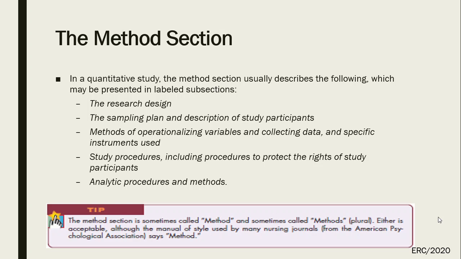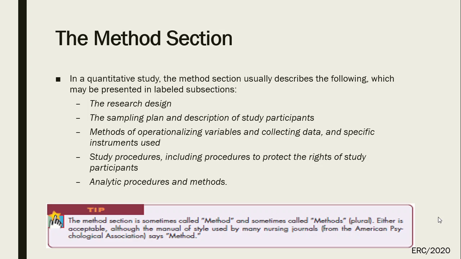In a quantitative study, the method section usually describes the following, which may be presented in labeled subsections: the research design, the sampling plan, and the description of the study participants, the methods of operationalizing variables and collecting data and specific instruments used, the study procedure, including the procedures to protect the rights of the study participants, and the analytic procedure and methods.